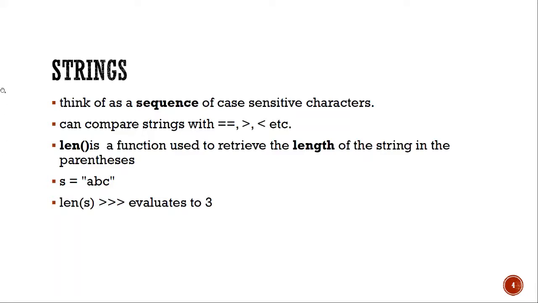To determine the length of the string, we use the command len. len is a function that is used to retrieve the length of the string in the parentheses. As an example, if we define s to be the string abc and then execute the command len of s, this will give us a result of 3.